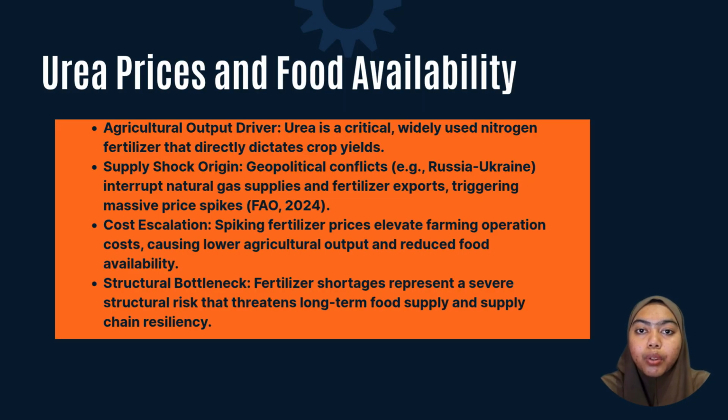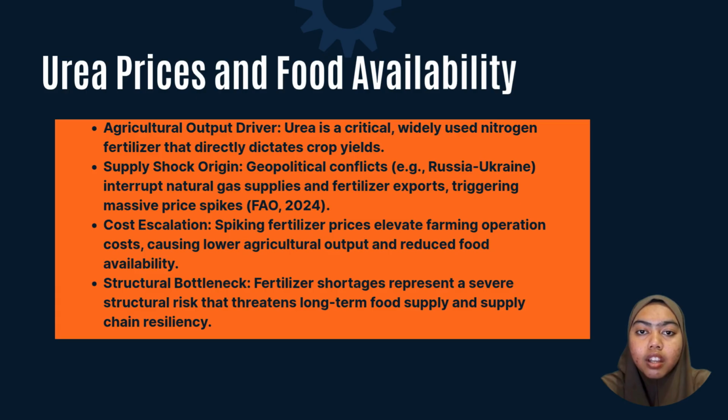Now let's talk about urea, which is one of the most common fertilizers used by farmers to grow crops. Because of conflicts like the Russia-Ukraine war, global fertilizer exports and natural gas supplies were heavily disrupted, causing urea prices to skyrocket.